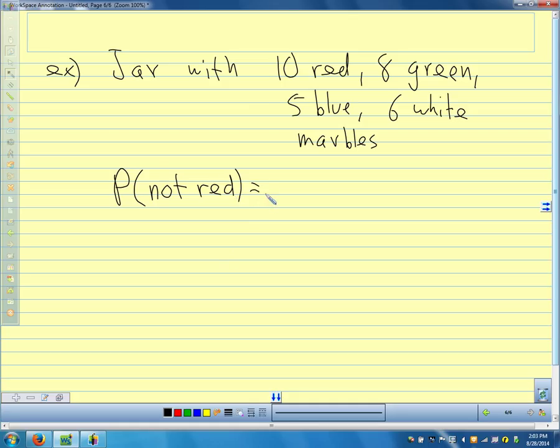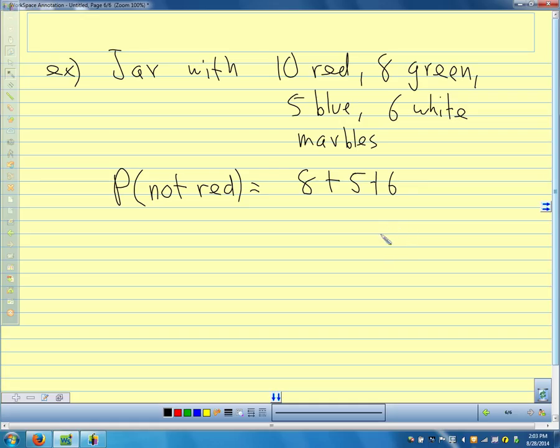So what's one way that we could do this? Probability of not picking a red. We add up all the marbles that aren't red, right? So how many marbles are not red? 19? So 8 plus 5 plus 6.